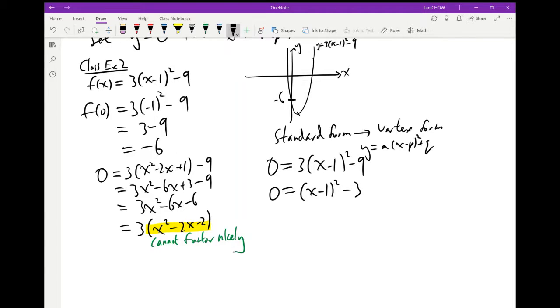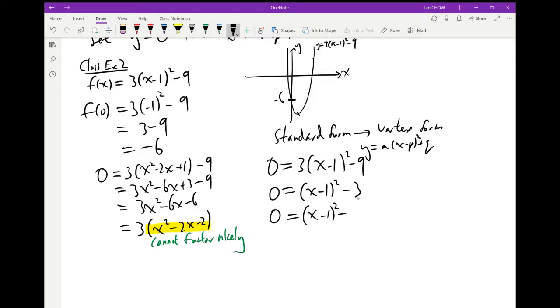Now I'm going to manipulate my 3. I'm going to rewrite it in a way that some of you may think looks kind of dumb, doing something extra. So 3 can be written as square root 3 squared. Let me quickly write that, and you will quickly come to realize why I do this.